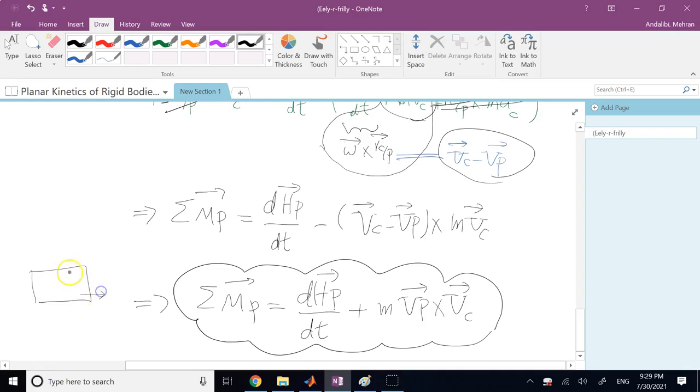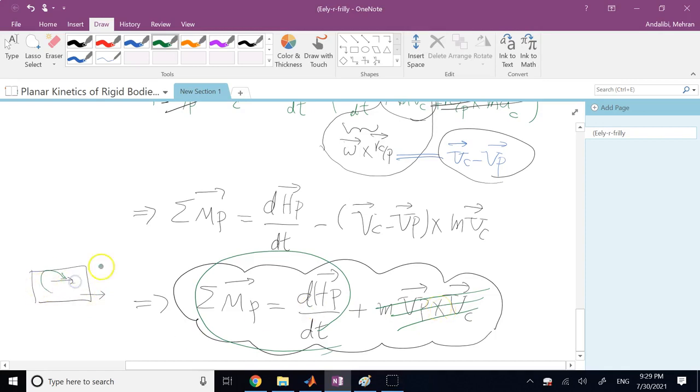So V of P and V of C are both the same 1.39i. Since they are collinear, this term is 0. So I can write it like that, exceptionally. There is no initial rotation. If it has some rotation before hitting, then the velocity of these 2 points will not be collinear. This term will not be 0. But right now it is.